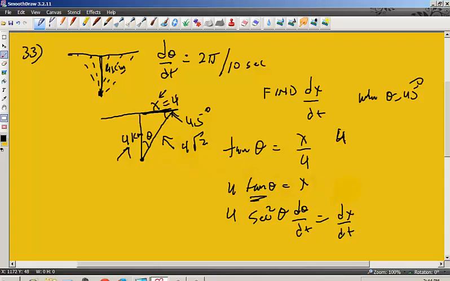So secant is what? 1 over cosine. Cosine would be 4 over 4 rad 2, so secant is 4 rad 2 over 4, squared. Are we okay with that? That's my secant.